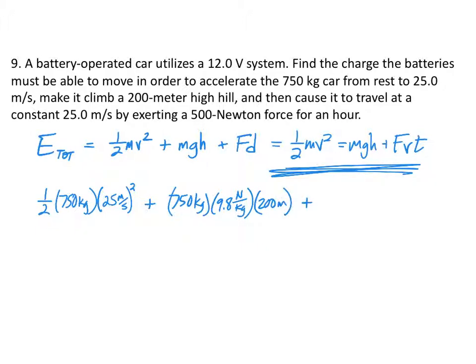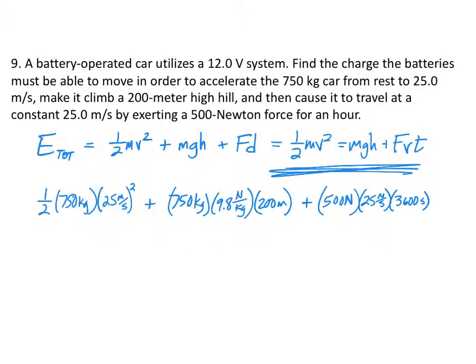And then the force, 500 Newton force at that 25 meters per second for an hour, which should be 3,600 seconds, 60 minutes times 60 seconds per minute. All right, so these are all getting the right units.